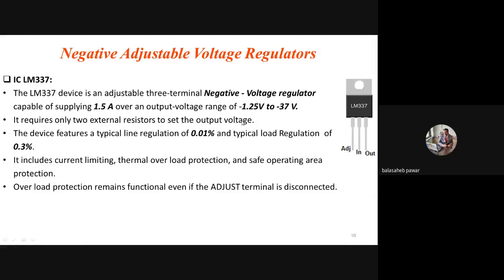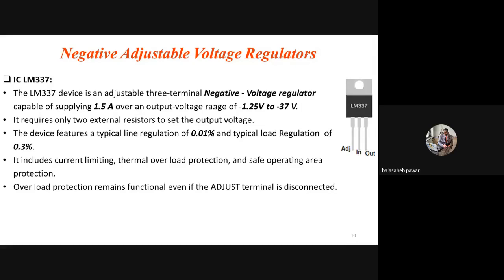For example, if we require the output at minus 37 volts from this negative adjustable voltage regulator, the applied input voltage should be 2 to 3 volts more than our required output voltage. Suppose our required output voltage is minus 20 volts. How much should be the minimum input?